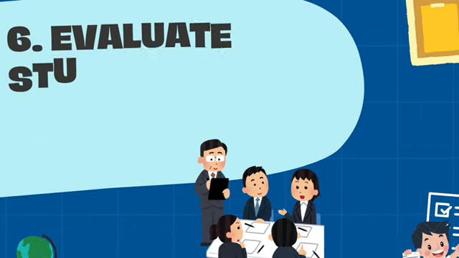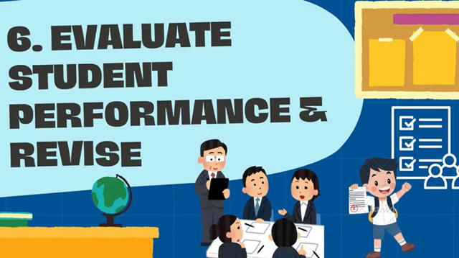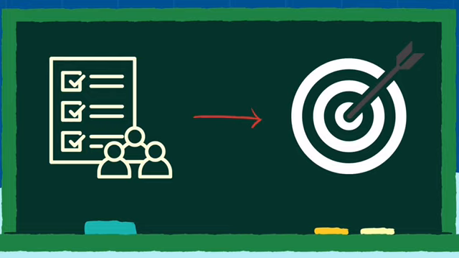We're now at the last part, which is to evaluate student performance and revise. Here, the evaluation should match the objective. Ultimately, this last stage is most important because we must evaluate the instruction process.